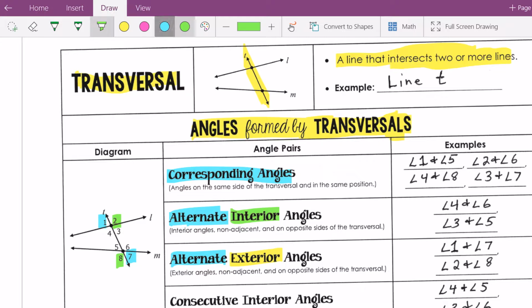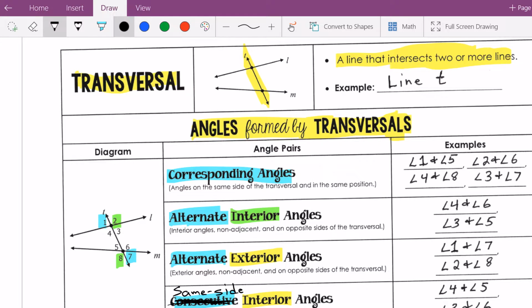Now the last one is called consecutive interior angles. Now, I normally will call this something else, and most of the time when we refer to it, we can refer to it the same way. I call it same side interior. It makes it a little bit easier because now we know exactly what we're talking about.